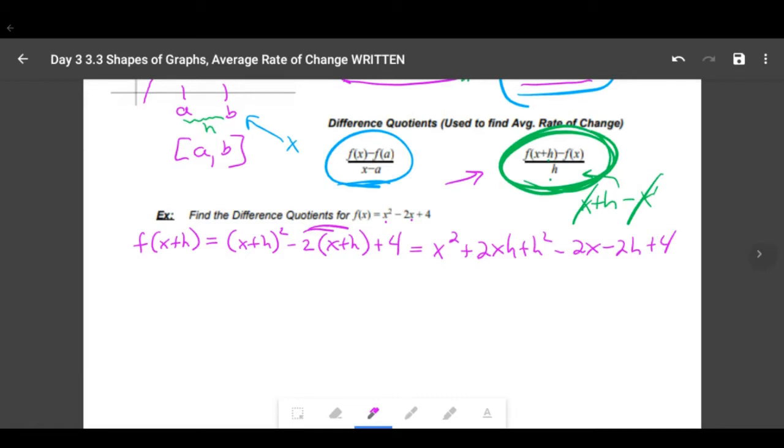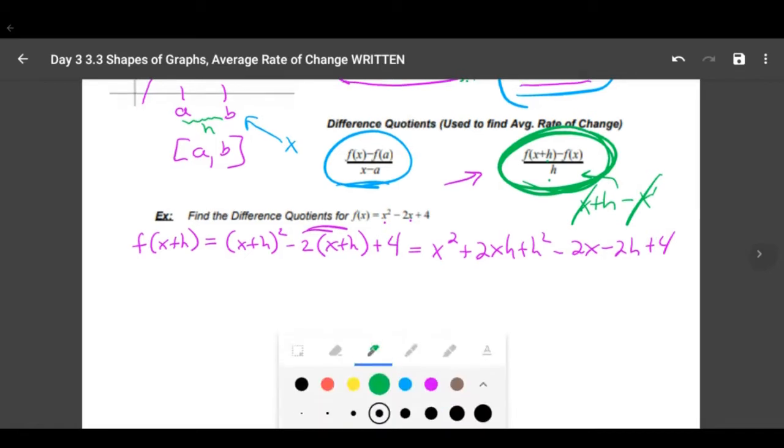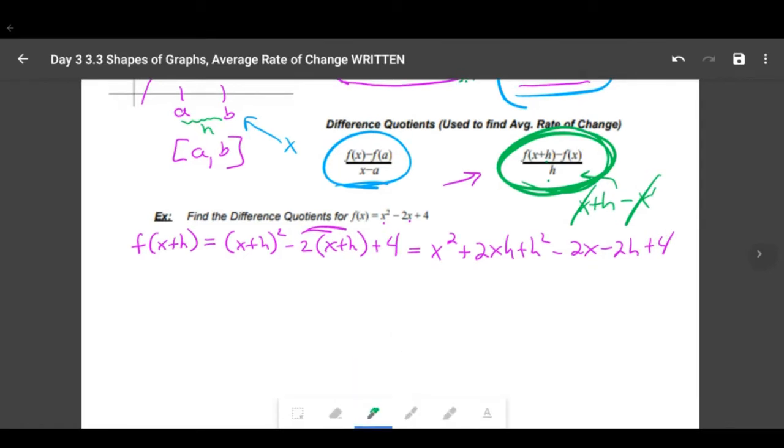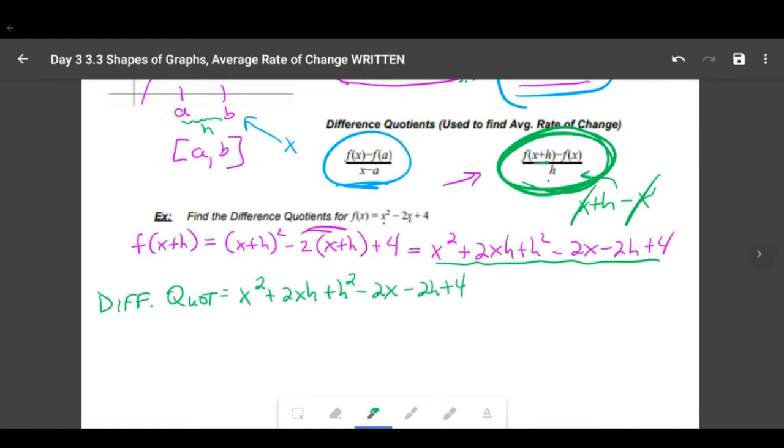All right, so now I'm going to use this to find my difference quotient abbreviation right here. It says f of x plus h. That's my starting point. Well, the nice thing is I found that already, right there. So we have x squared plus 2xh plus h squared minus 2x minus 2h plus 4 minus, well, the second part of the equation says f of x.